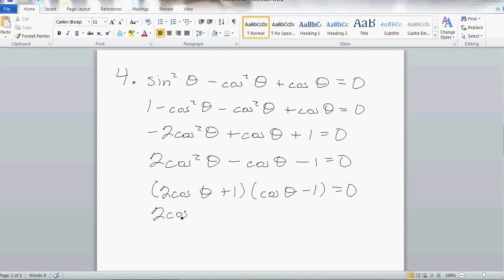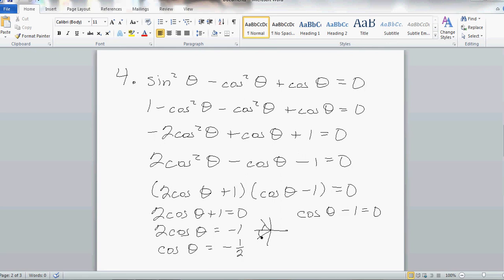2 cosine of theta plus 1 equals 0, or cosine of theta minus 1 equals 0. Subtract 1 from both sides here, and divide by 2, I get cosine of theta equals -1/2. And when I look, that's going to occur either in quadrant 2 or 3.